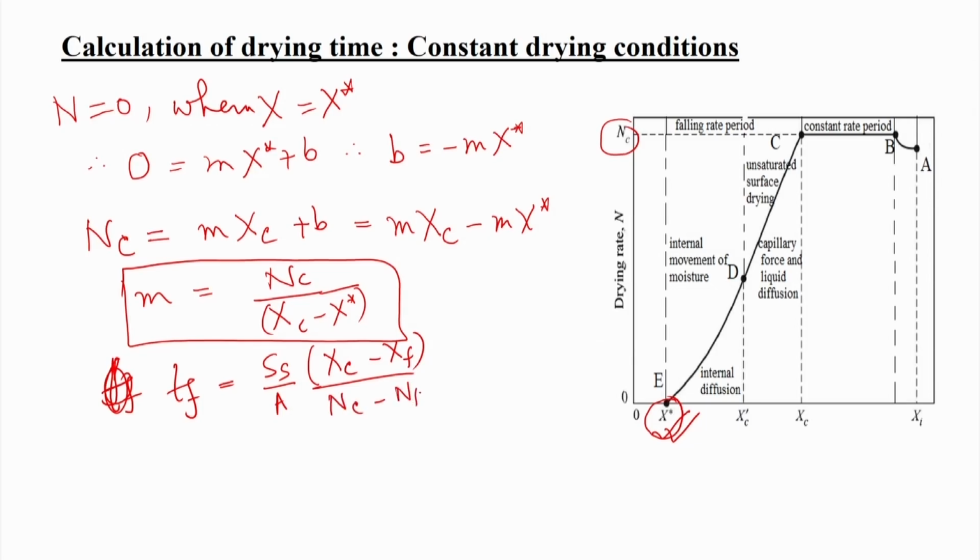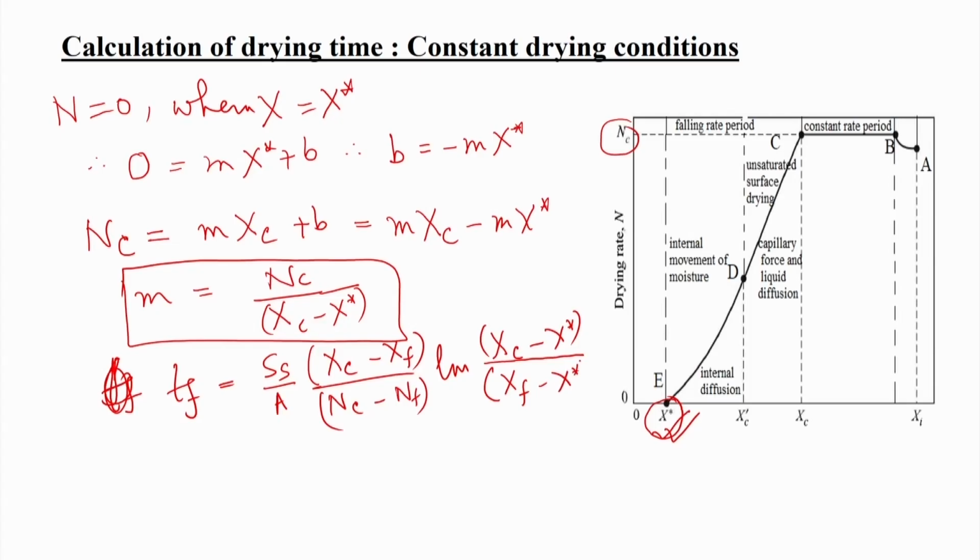minus n_f into ln n_c by n_f, where we put n_c by n_f equal to (x_c minus x*) by (x_f minus x*).